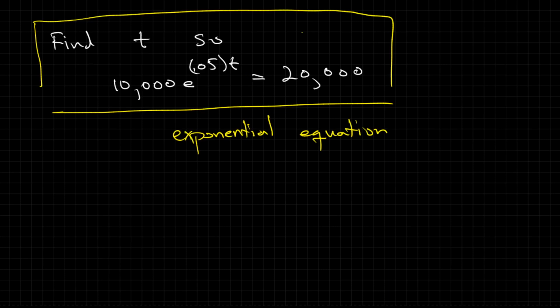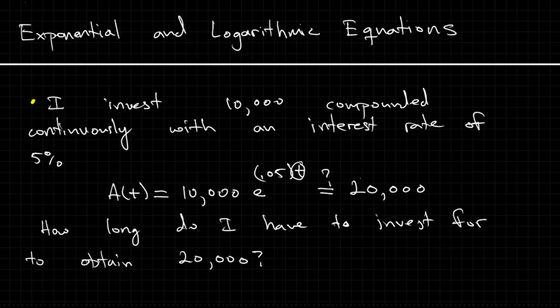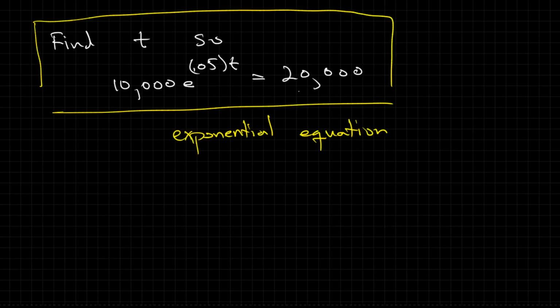Now in this section we won't focus too much on the setup, that is the word problem that comes before the exponential equations. Instead, we'll simply see something along the lines of find t so that 10,000 e to the 0.05 t equals 20,000.